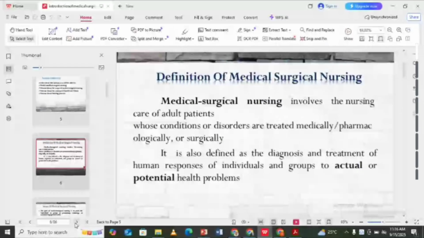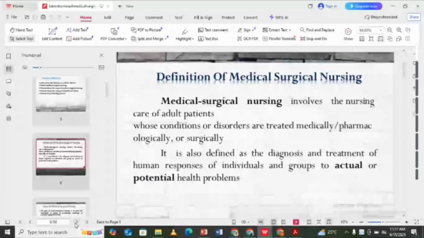Like I said when I was introducing the course last week, in medical surgical nursing we are talking about care that is provided to adult patients. These are patients whose diseases and conditions we should be able to manage medically, pharmacologically, and or surgically.